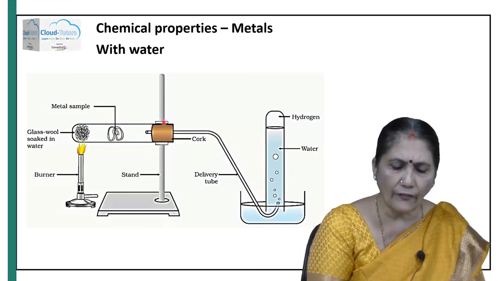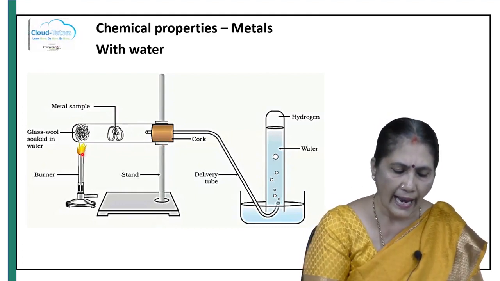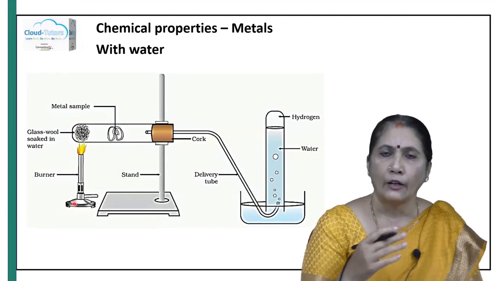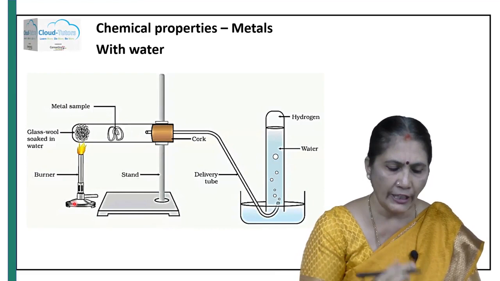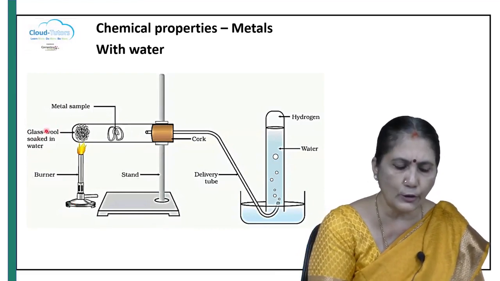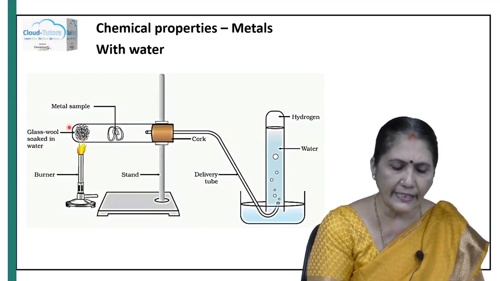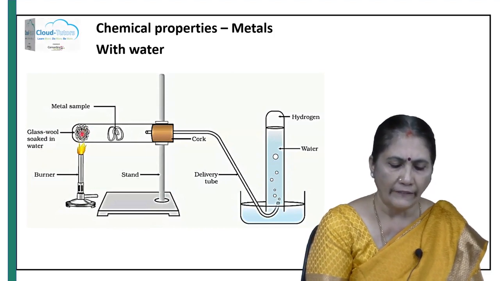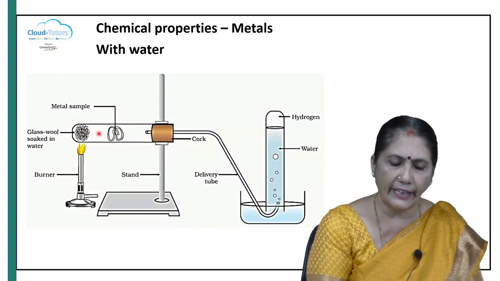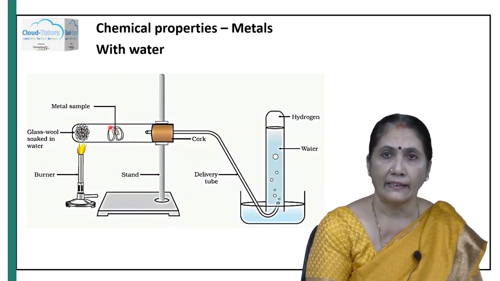In this setup of a boiling test tube, a burner is used to pass on the heat energy, and you take glass wool which has been soaked in water. The water present in the glass wool, when it comes in contact with this heat energy, gets converted into vapor form which reacts with the metal.